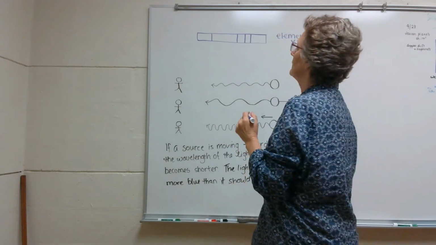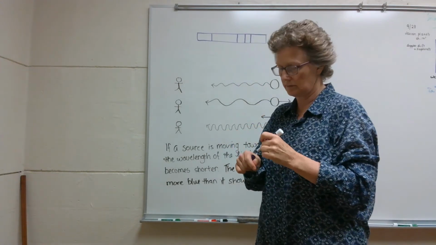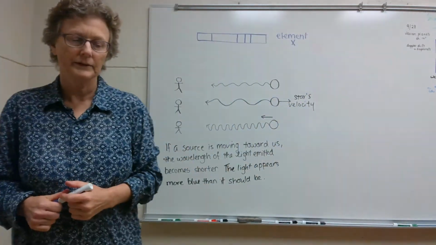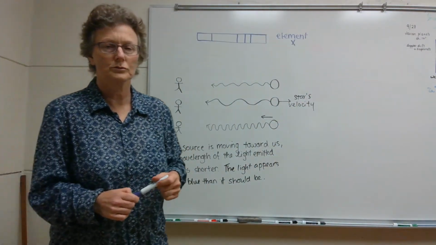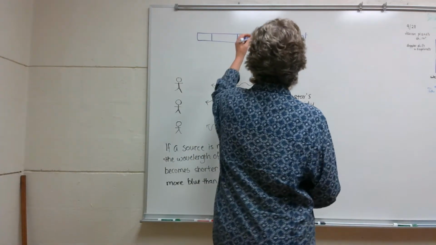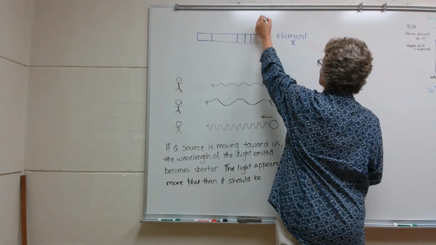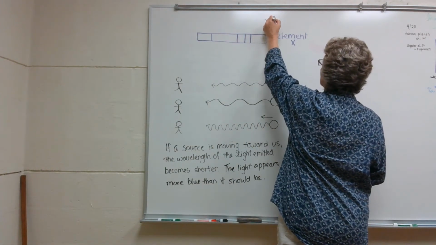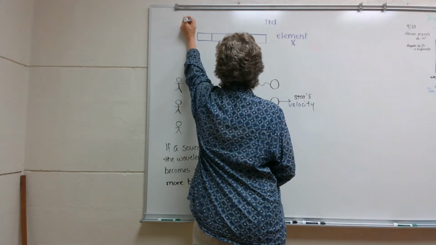So, let's see, which way do we usually write this? This doesn't really matter. Okay, so let's say this is red, and this is blue.